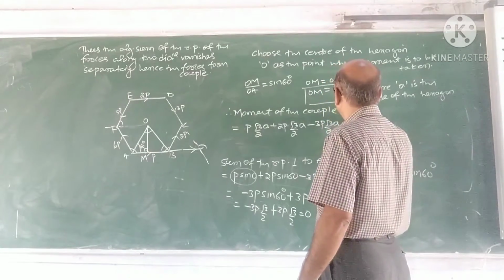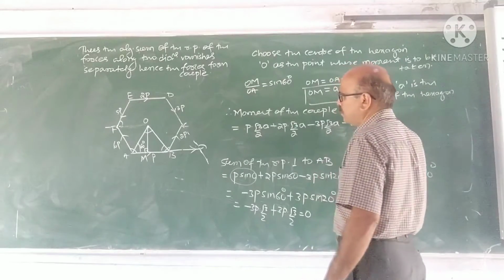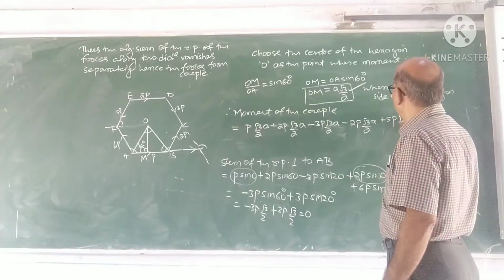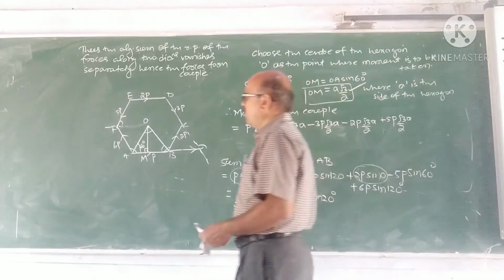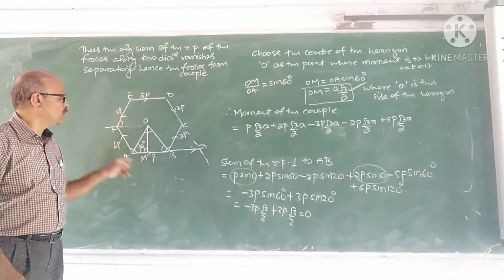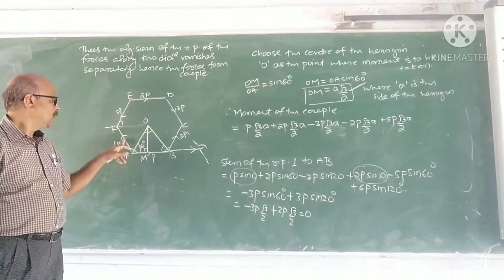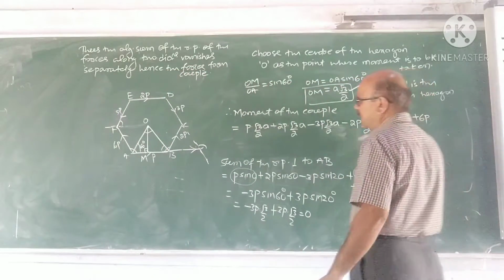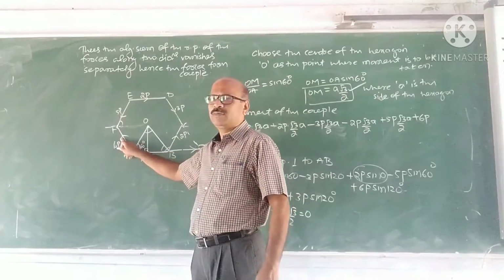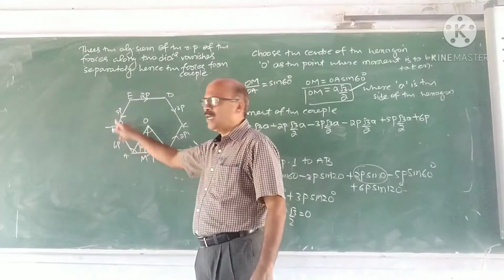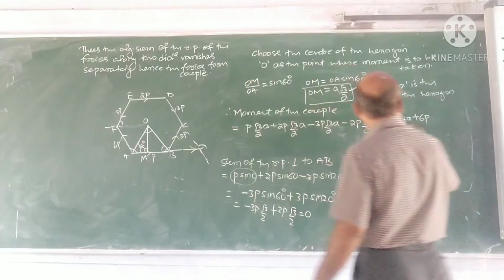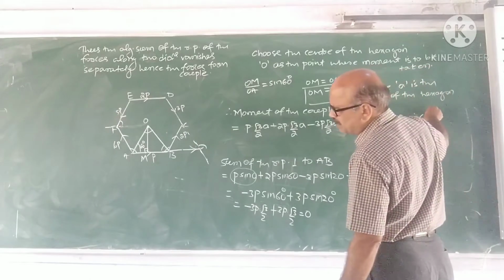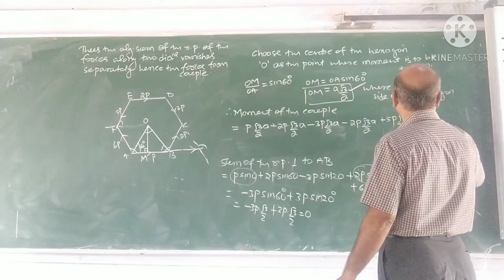Minus 2P root 3 by 2 a. Plus 5P root 3 by 2 a, because the moment of the force 5P about O is positive, anti-clockwise. Moment of the 6P force is negative, because it is clockwise: minus 6P root 3 by 2 a.